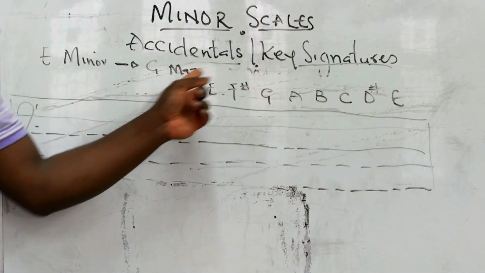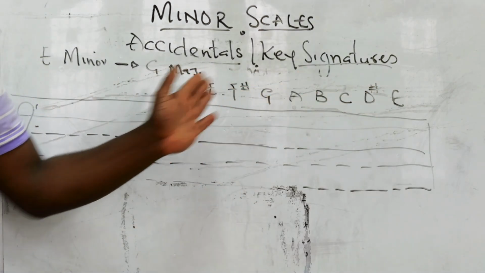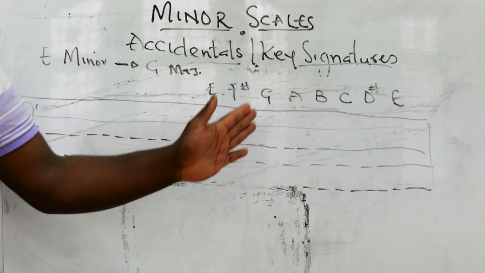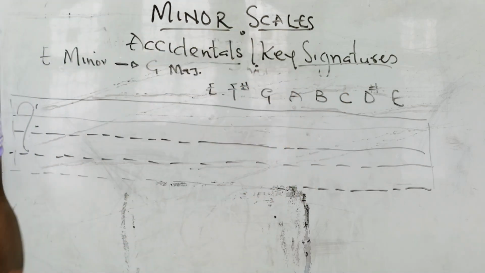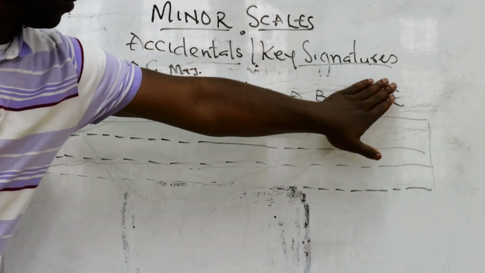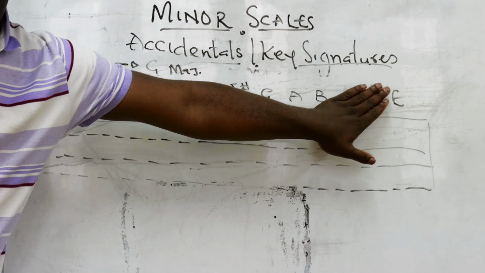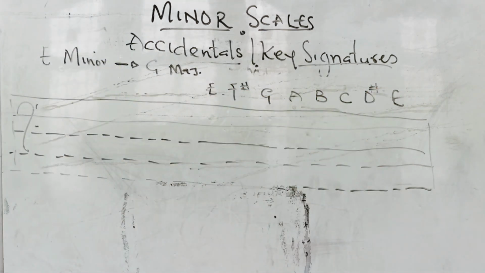From the natural minor, you can now find out the key, because whatever sharp or flat you have in the natural minor is the major key that has that sharp or flat. Does that make sense? So you just remove the 7th sharp, and then how do you know the key from there? If you remove this 7th sharp, what other sharp is remaining? The F sharp. And so which key has F sharp?